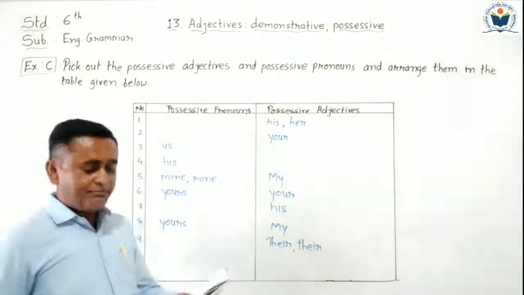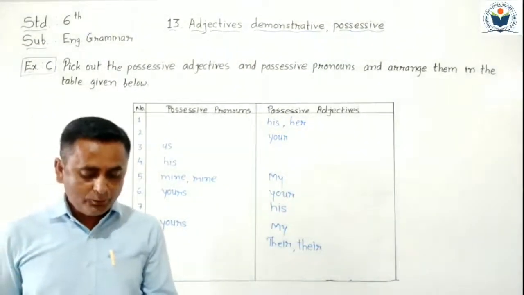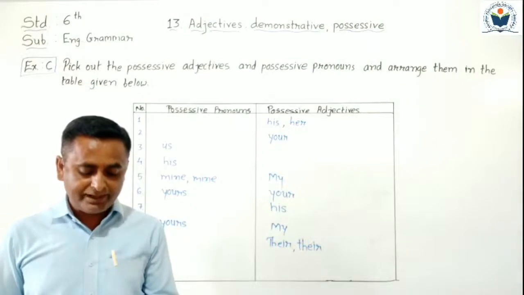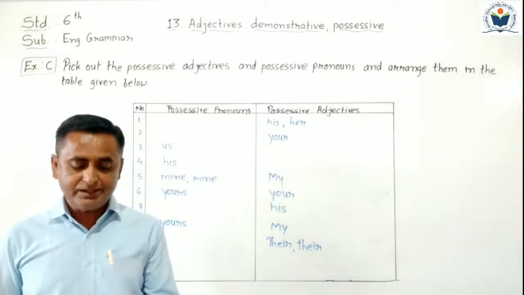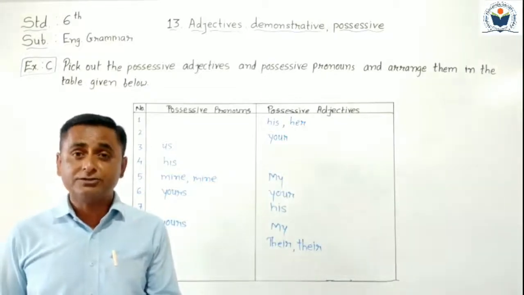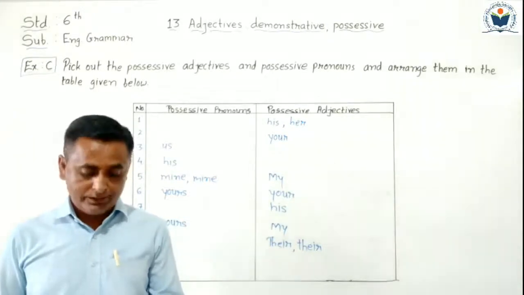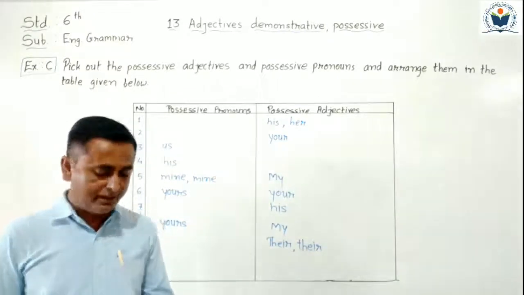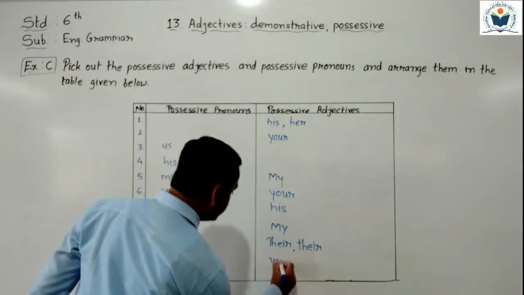Now sentence number 10 we have to see. Be accurate in your efforts and victory will be yours. Your efforts: here your is followed by the noun efforts. So we have to write the first your in the possessive adjective box.